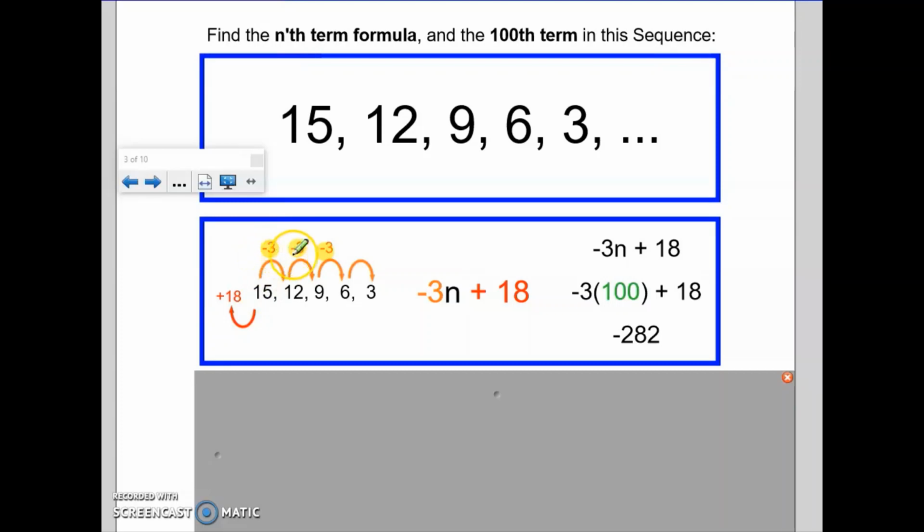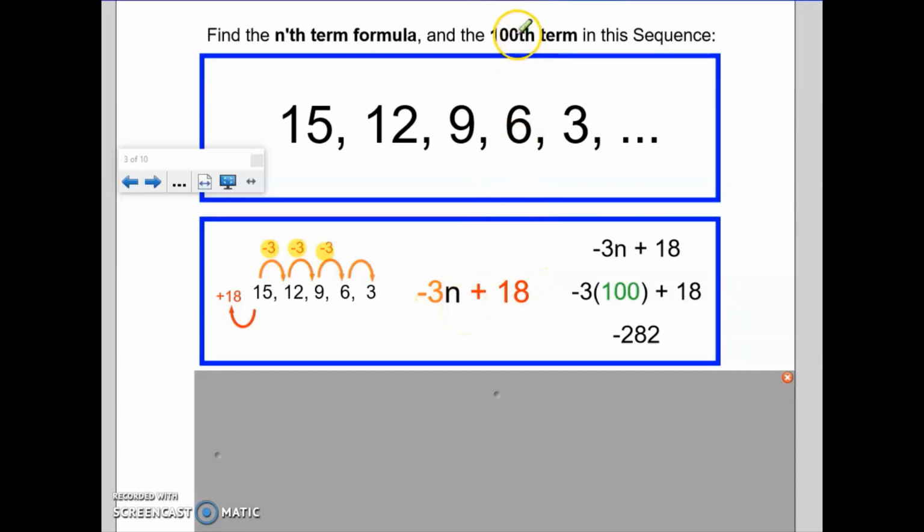So because I'm taking away 3 here, I need to add on 3 here. Again, I'm not landing in my negative numbers, so this is a positive 18, which is why this is a plus sign, and which is why it is plus 18. So my nth term formula in this case is minus 3n plus 18.